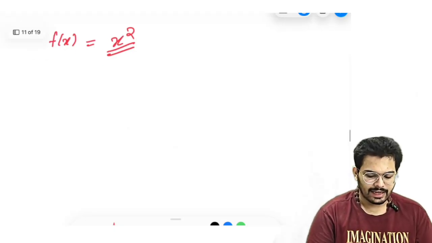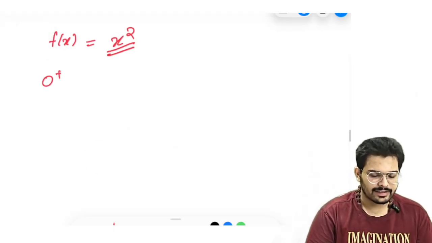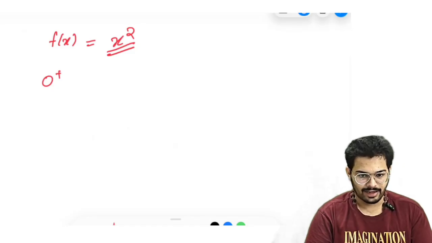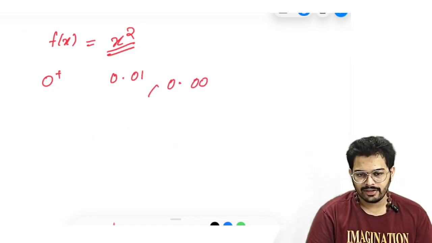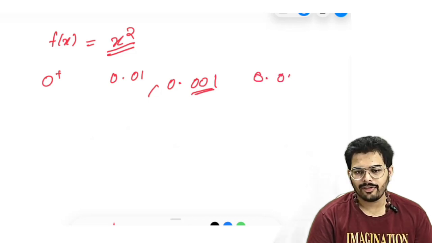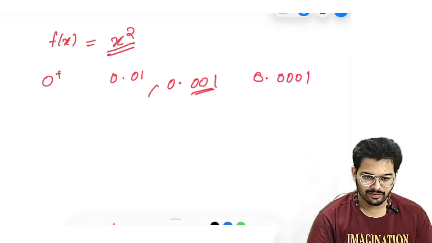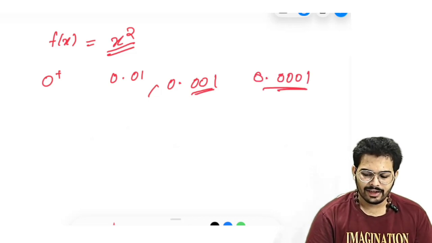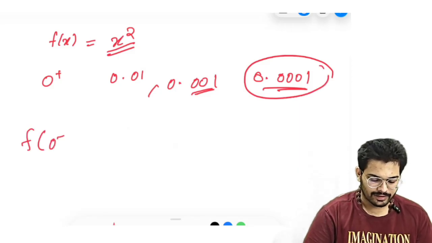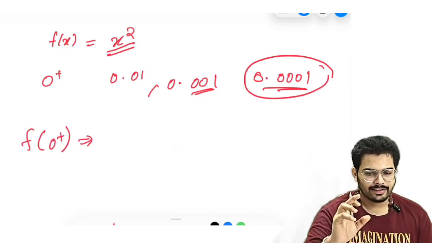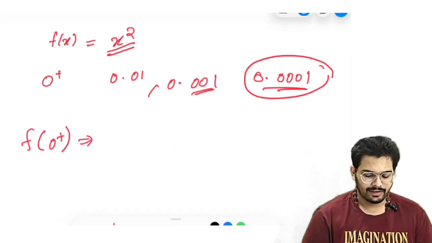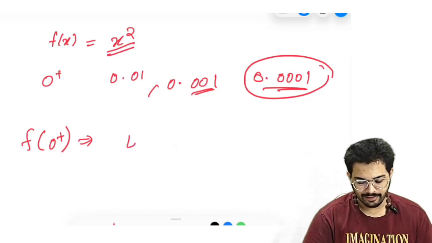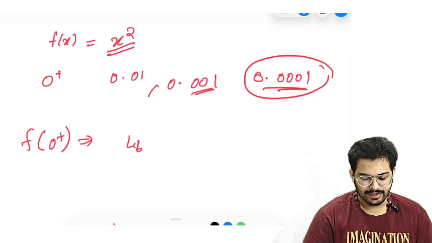Slightly positive means we are considering the smallest possible number we have. So can it be this, or can it be this? If you fix this one, again there will be one more number which is closer to 0 and is positive. At that time we can't find the exact value of this function. In that case, we can only find where the function is finally going. In that case, we can have the limit, that is limit x is tending to 0 plus, a slightly positive value.